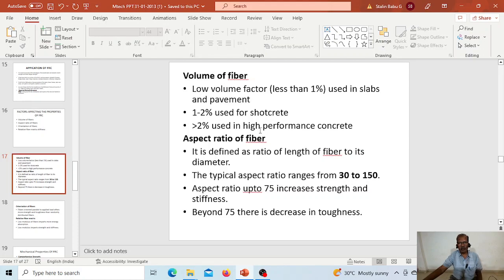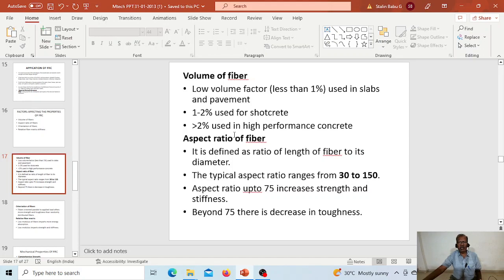We use it in pre-stressed concrete and high performance concrete structures, such as raft foundations and retaining wall structures. At those places we require more than 2%.